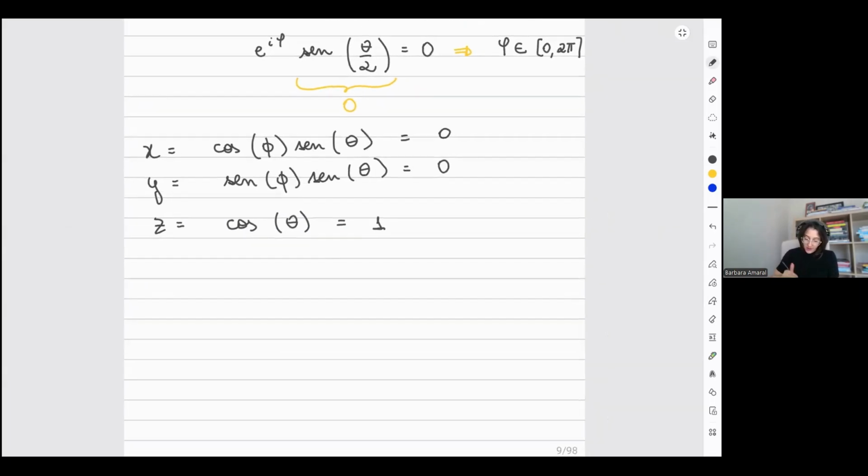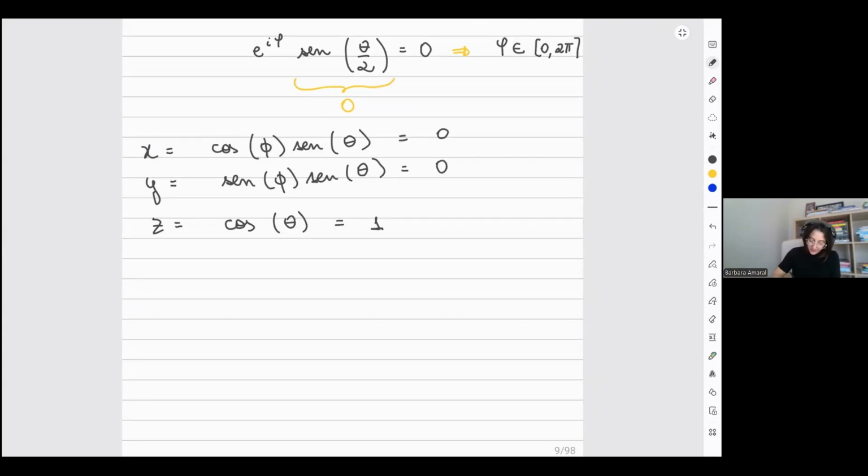So our point in the Bloch sphere will be here. This is going to be 0. Okay? So this is correct, I guess.